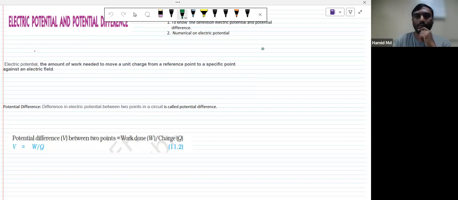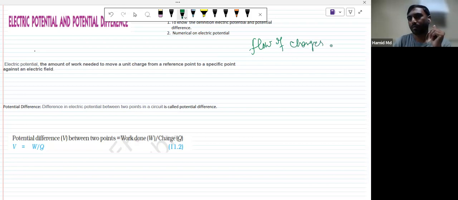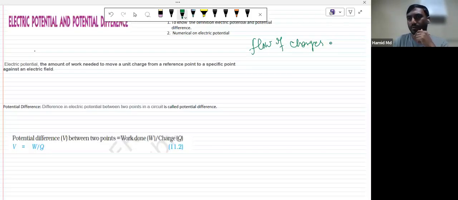So my question was, what is this flow of charges in a circuit?